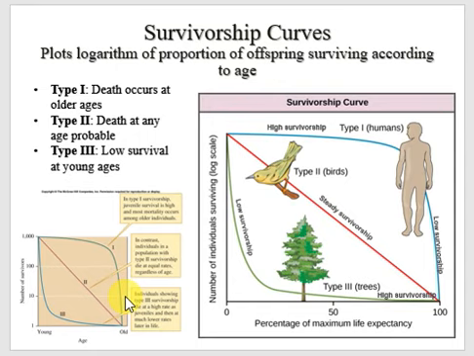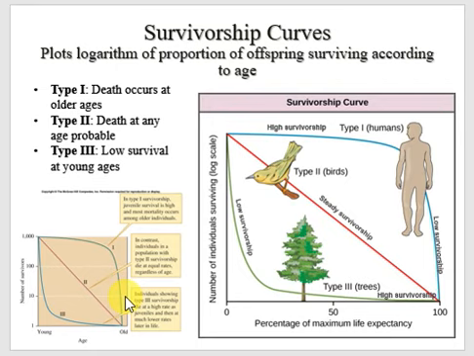Again, usually these graphs are compiled from data derived from your life tables. And they're a very powerful visual tool for understanding the patterns of survivorship and mortality in populations.